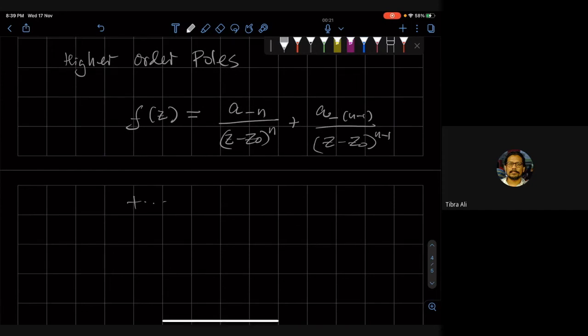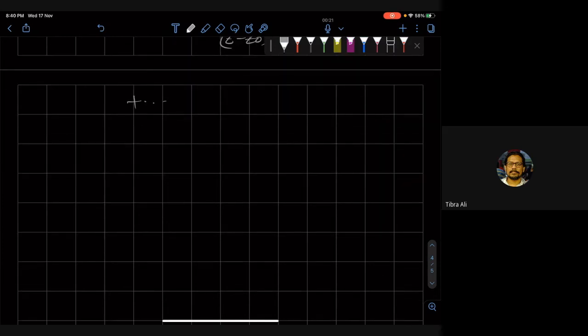So it has a pole of order n. Okay, so how do we find the residue for this kind of pole?